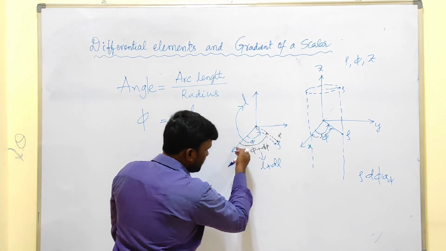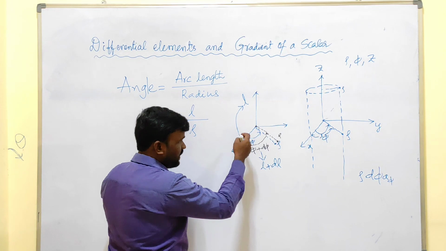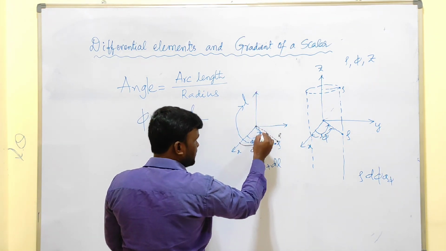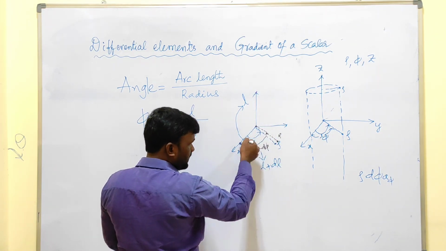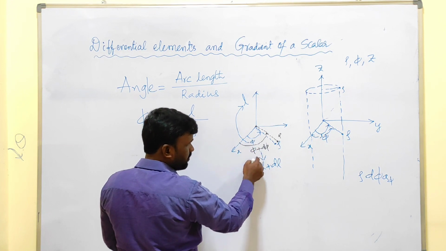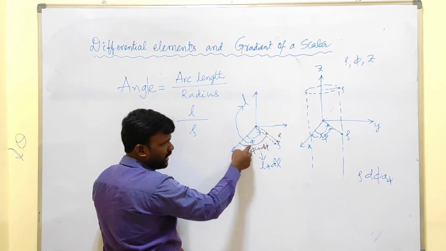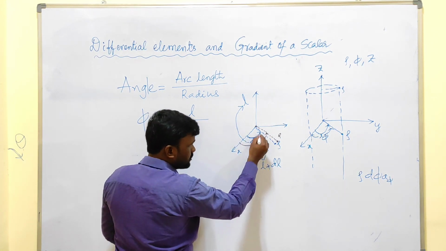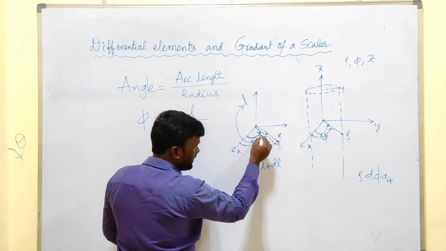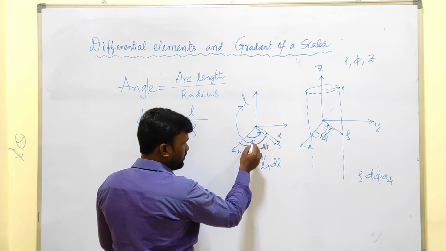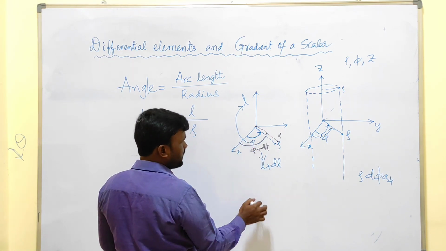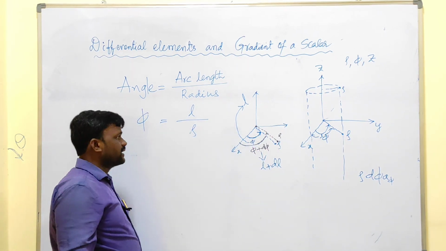Here in this case we require the differential element along the phi direction, meaning in this direction. That means it is shifted to phi plus d phi. If phi is shifted to phi plus d phi, we can clearly observe that this is a smaller one, whereas this is greater than this one. That means if phi becomes phi plus d phi, L becomes L plus dl.